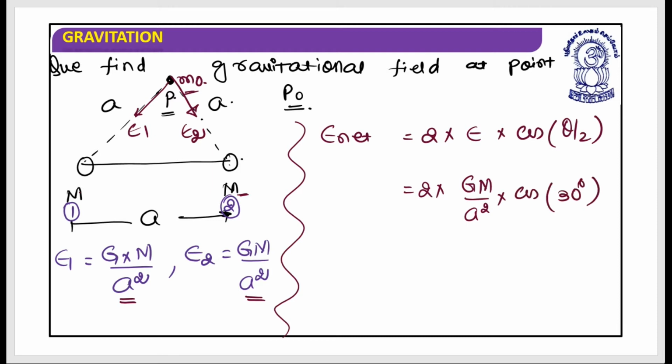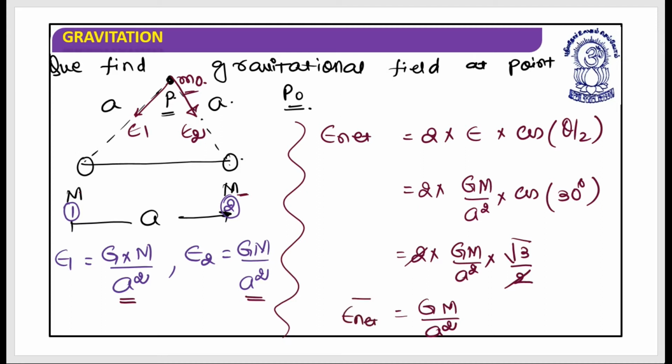Cos 60 by 2 is cos 30 degree, which is root 3 by 2. So this is 2 Gm by a square multiplied by root 3 by 2. This is root 3 Gm by a square in the negative j cap direction. I hope this is clear. This is the direction of E net.